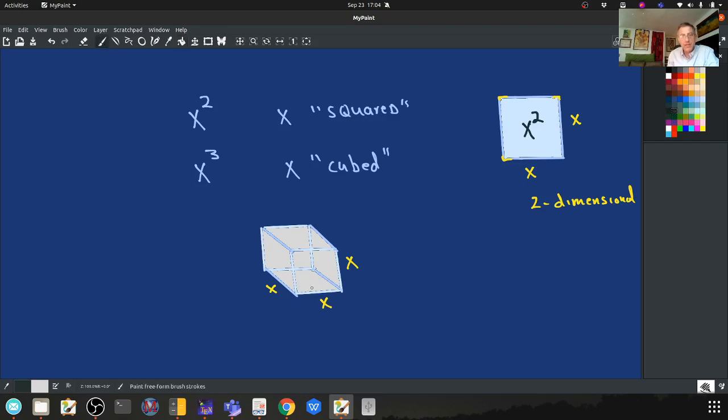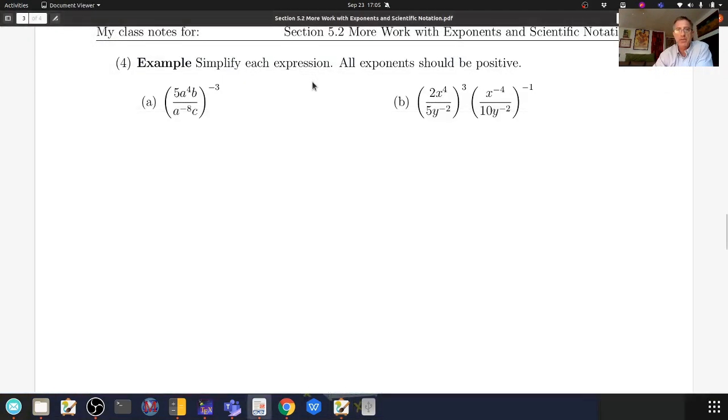Its volume is x to the third, x times x times x, and that's the reason we say x cubed, because of the geometric figure of a cube, and that's the reason we say x squared, because of the geometric figure of the square. Those are concepts. The Greeks, absolutely. For the Greeks, number was equivalent to area, not length, but area. And that terminology comes to us all the way from classical times.